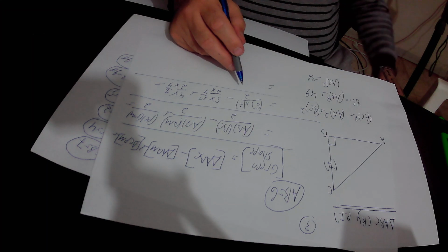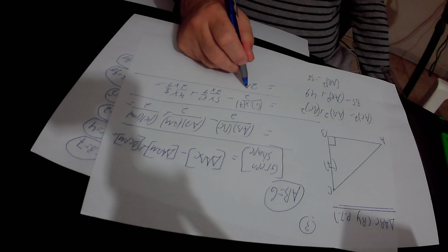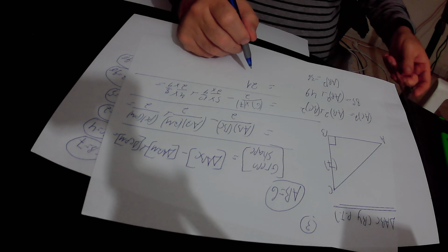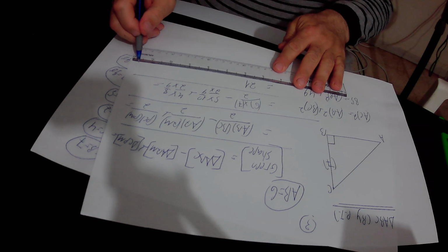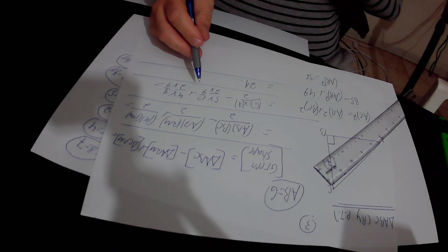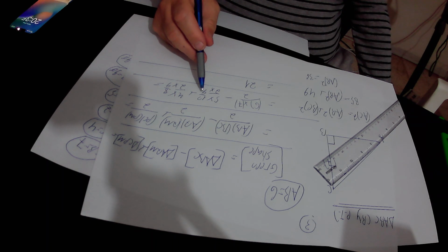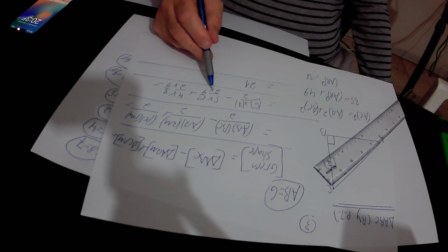Six times 7 is 42, and 42 over 2 is 21. So the area of the big triangle ABC is 21 square units, minus the area of the white triangle, triangle AQM. The area of the white triangle AQM equals: here we have 10 over 2 is 5, and 5 times 5 is 25.